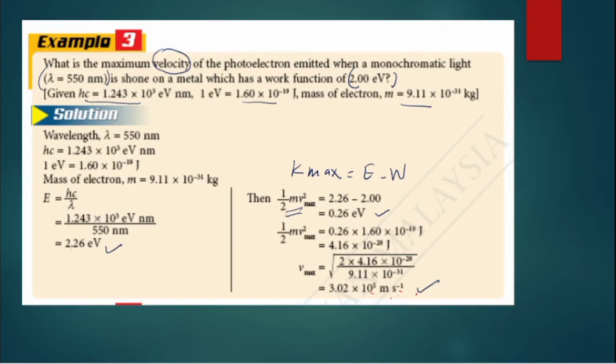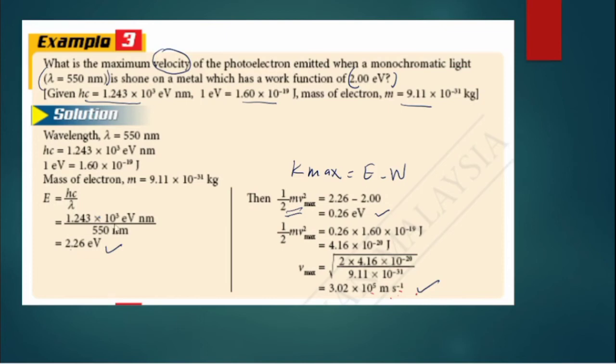Firstly, we want to calculate the energy of a photon. Energy of a photon is E equals hf. But here we don't have f. Given is wavelength, so to calculate f we use the formula c divided by lambda.